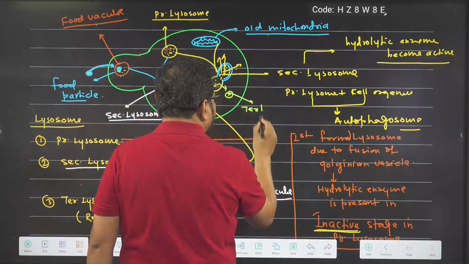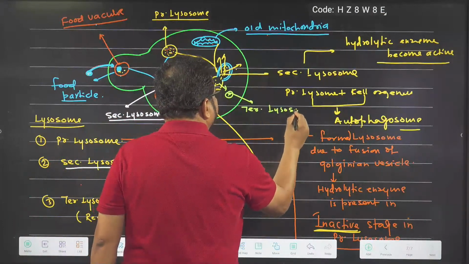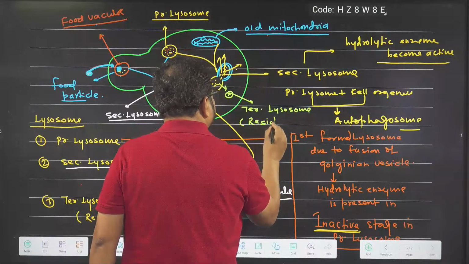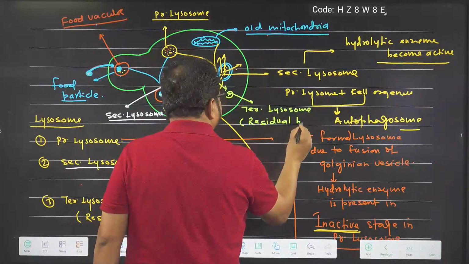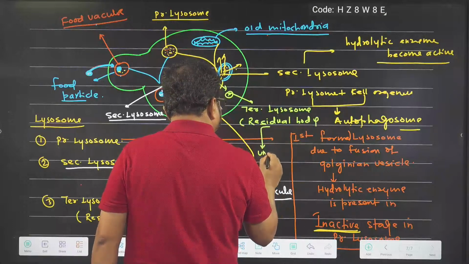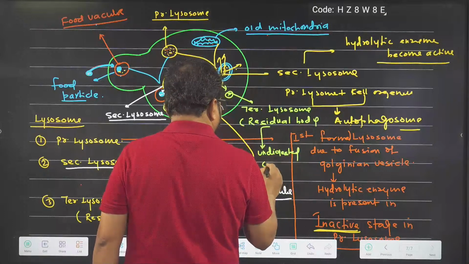Let me write in short only. Tertiary lysosome. And it is also called residual body. A residual body contains undigested component.